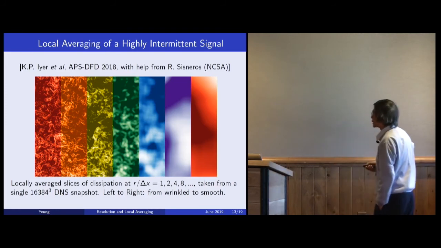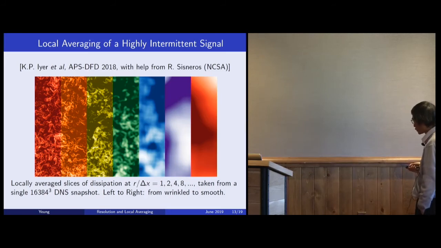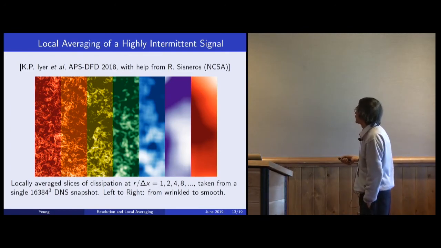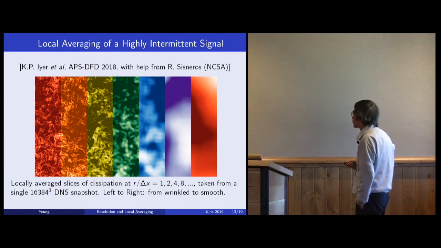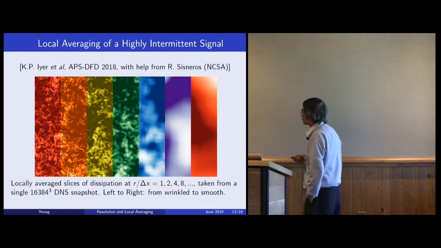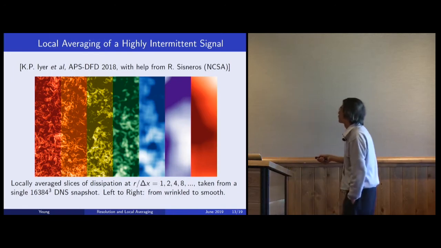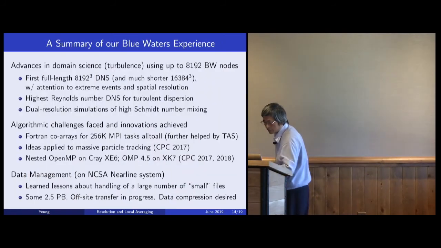And this is something that Bob Sidney helped us produce. We took a single snapshot, a 16K cube, and then we computed the local averages over dimensions of 1 grid spacing, 2, 4, 8, and so forth. And from a very highly wrinkled appearance, we get something very smooth. Of course, this is what we would expect.